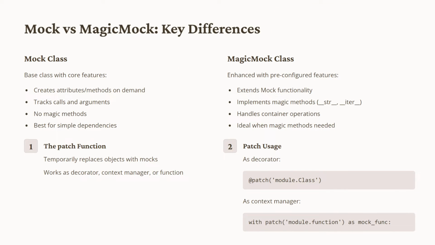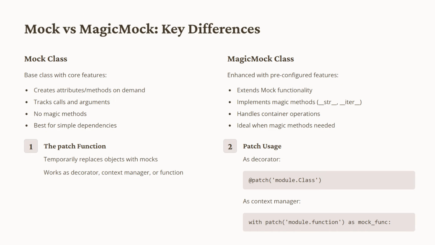So Mock versus MagicMock, we are looking at the key differences. The Mock class is the base class with core features; it creates attributes and methods on demand, but the MagicMock class extends Mock functionality. The Mock class tracks calls and arguments, but the MagicMock class implements magic methods like __str__ and __iter__.